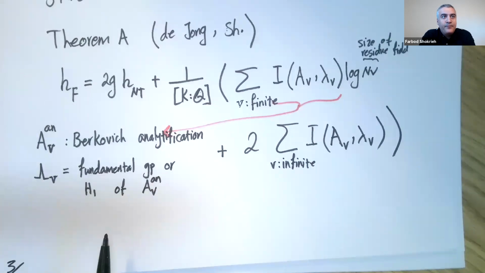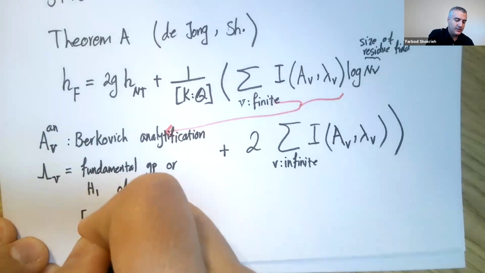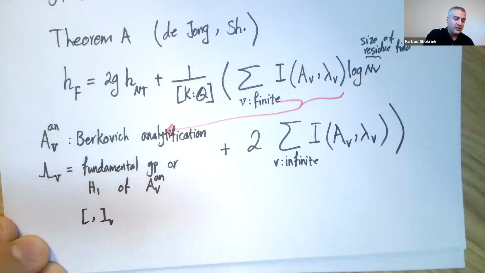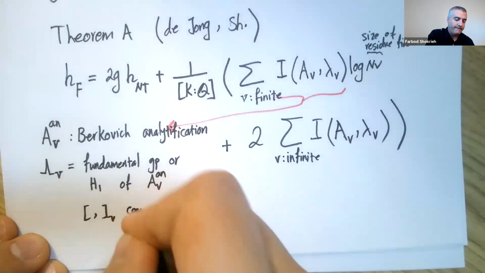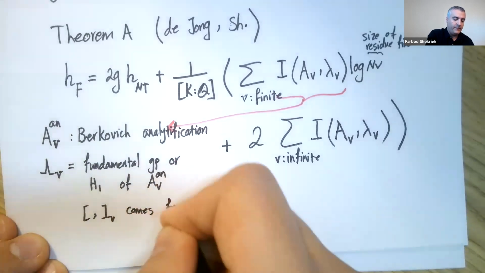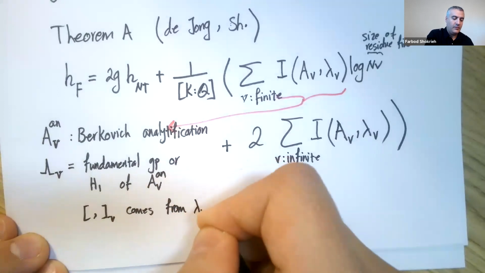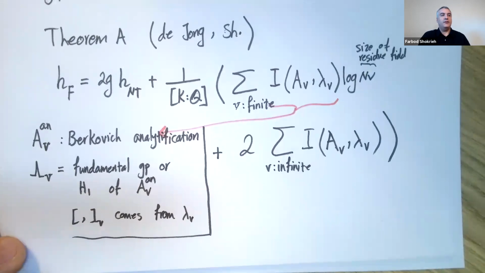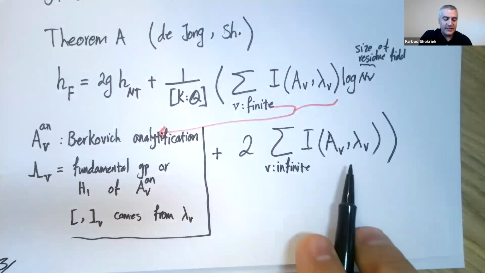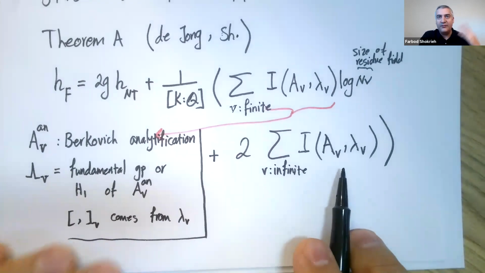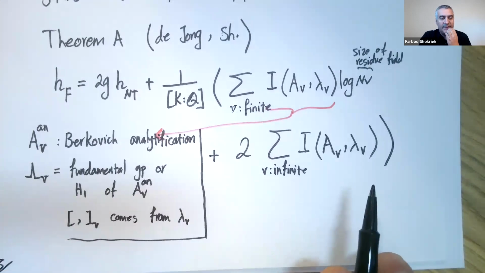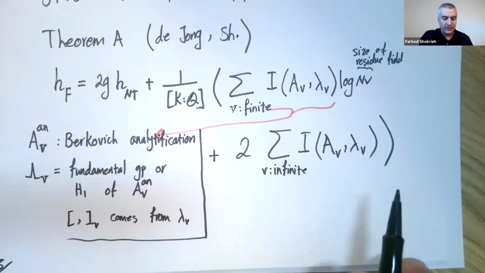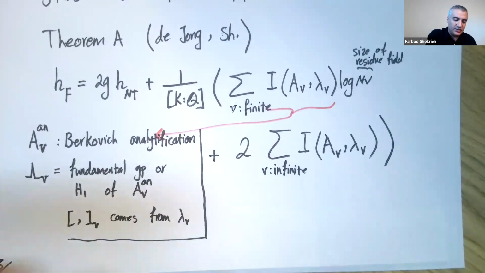This bilinear form that you need on the group comes from the polarization. And here, this is actually a term that had appeared. If you are a geometer and you don't care about infinite places, you can just ignore this.